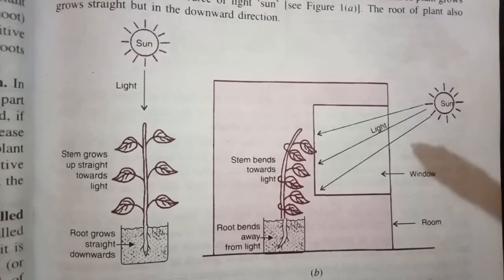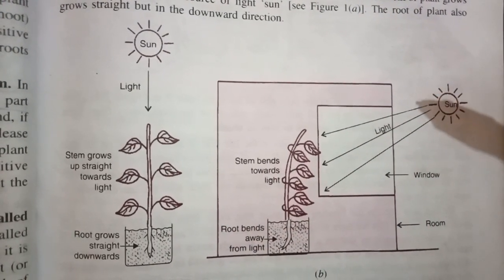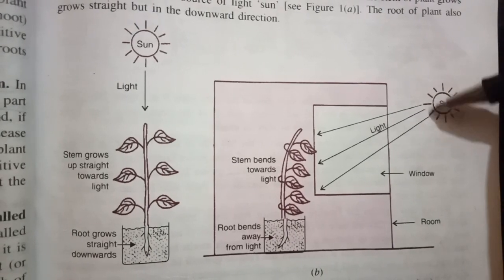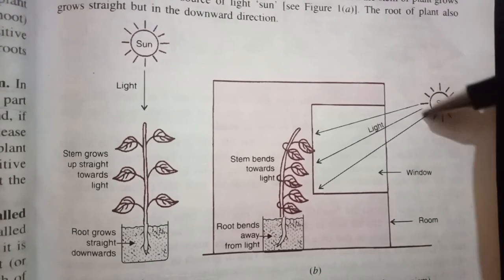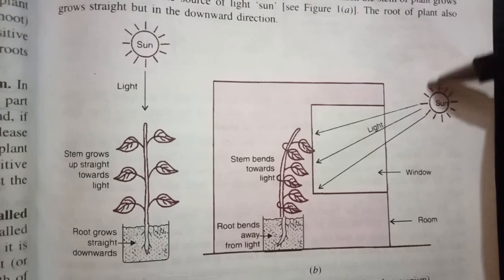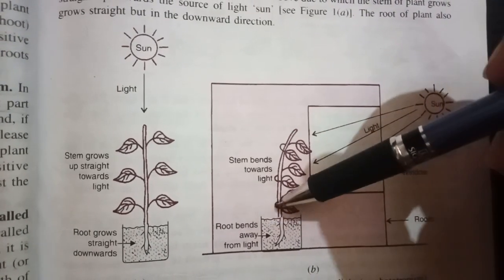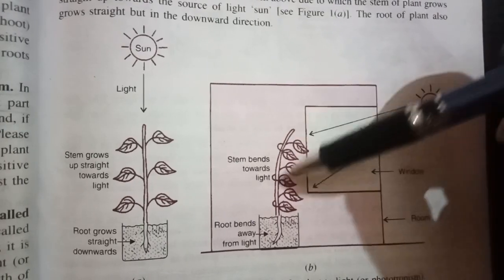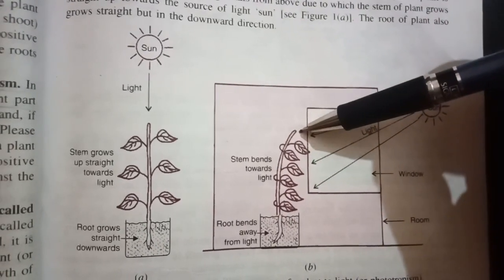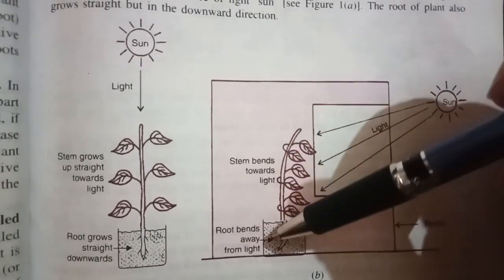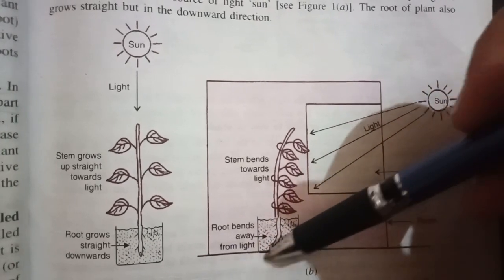But when the light falls from one side, like here from the right side, what will happen? The stem bends towards the light, and the root bends away from the light.